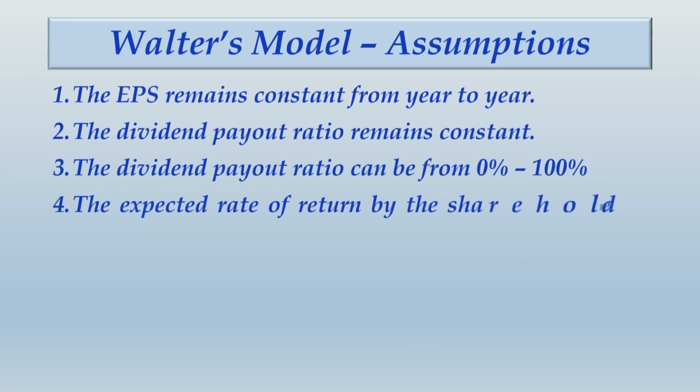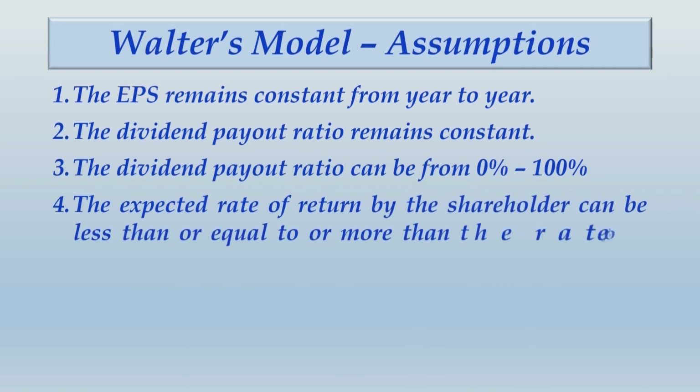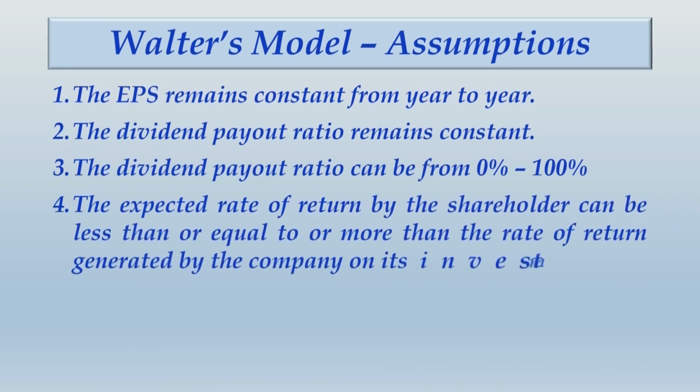Next assumption is that the expected rate of return by shareholders can be less than, equal to, or more than the rate of return generated by the company on its investment. That means we have learnt a few possibilities with Gordon's model. One was r less than Ke, one was r equal to Ke, one was r greater than Ke.